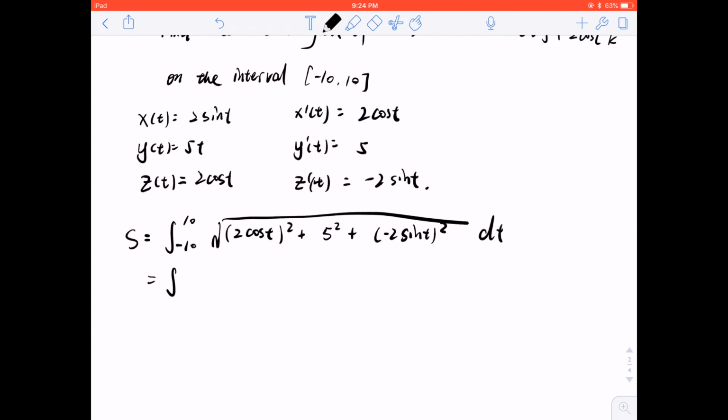From there, you get the integral from -10 to 10 of the square root of 4 cosine squared t plus 25 plus 4 sine squared t.